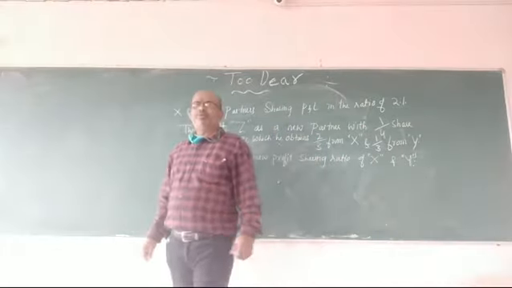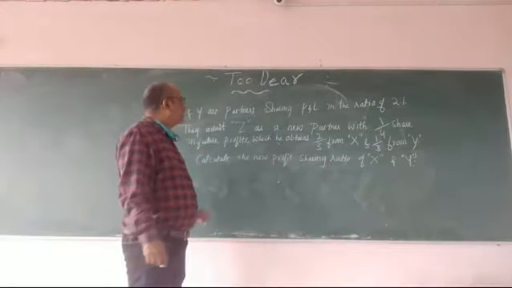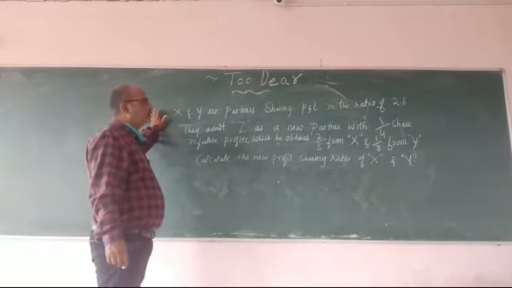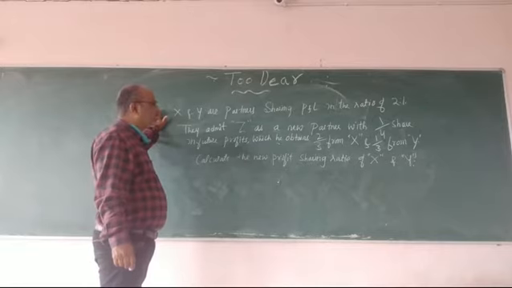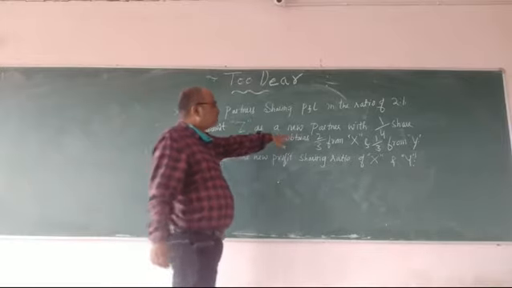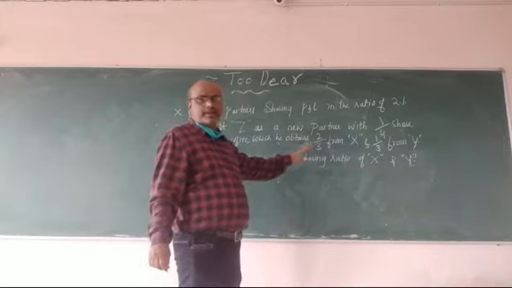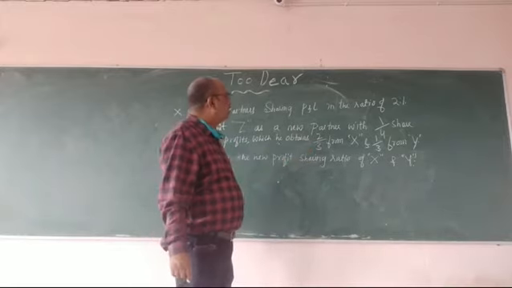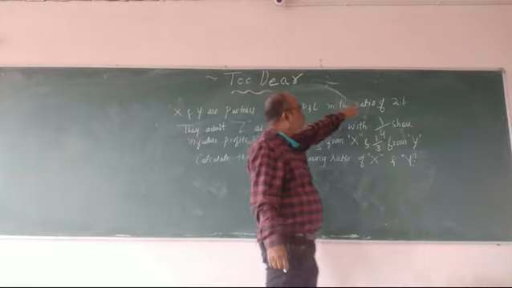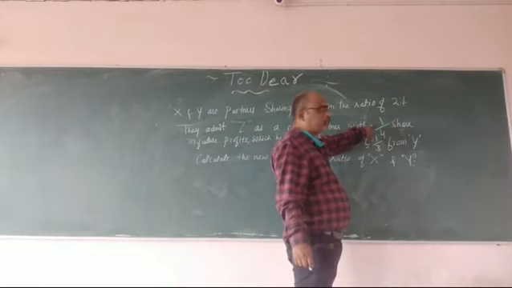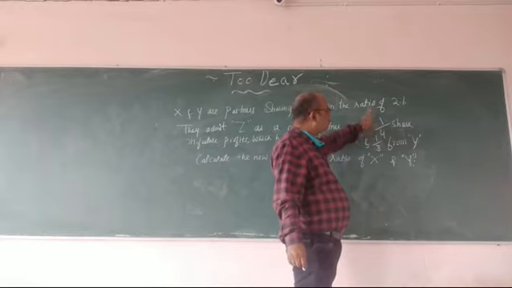If you read the question properly, X and Y are partners sharing profit and losses in the ratio of 2:1. They admit Z as a new partner with 1/4 share in future profits, which he obtains 2/3 from X and 1/3 from Y. So the old ratio of X and Y is 2:1, and the new partner is going to be admitted with 1/4 in the future profit.